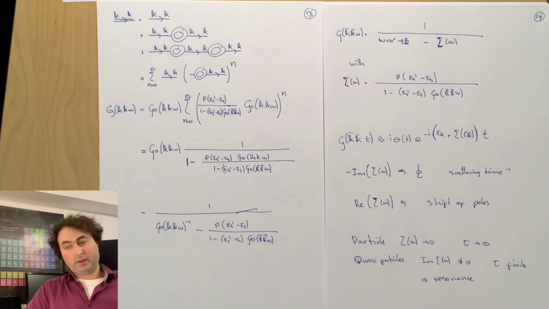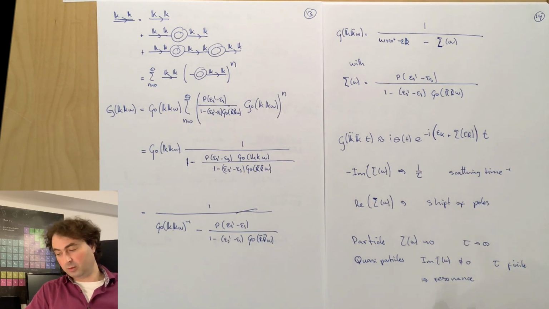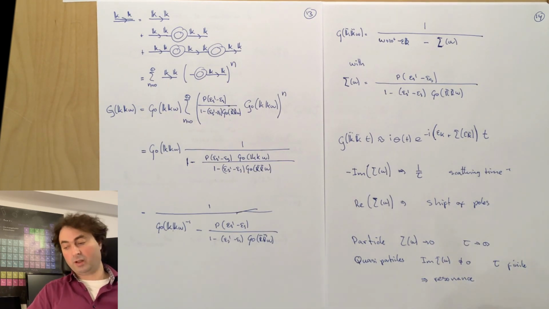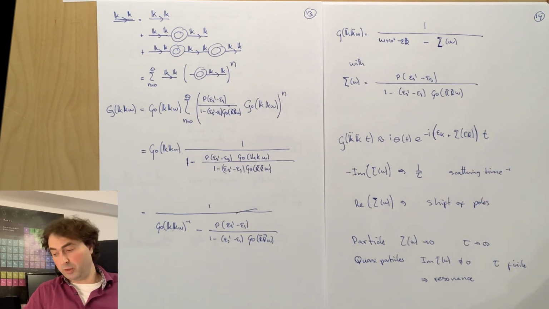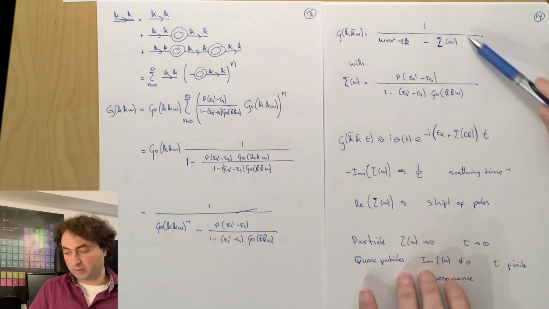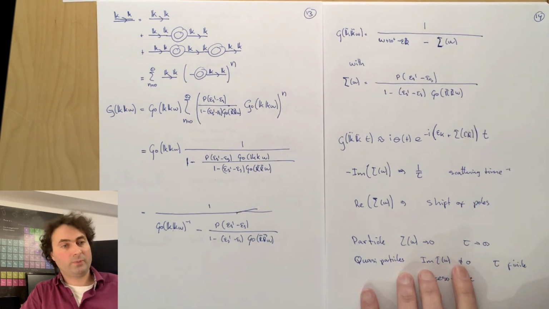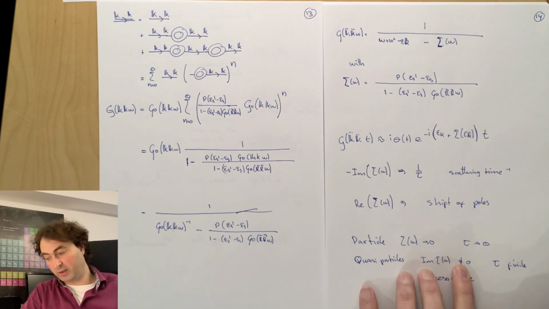So I hope I've given you a nice overview, with the use of an example, of how one can obtain a self-energy which then gives you a finite lifetime. We have seen before that in principle this form for a Green's function can be very generally obtained.